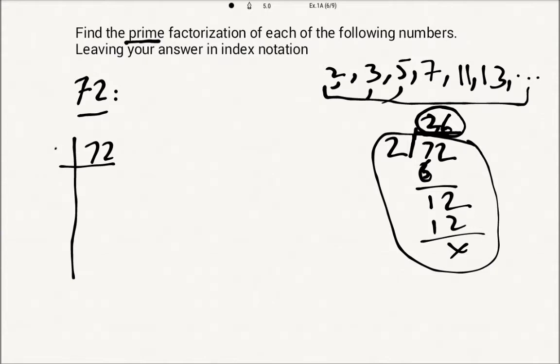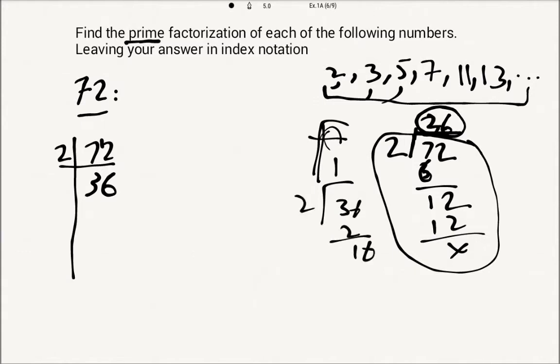Like 2 3s are 6, right? 6 and 1 is remaining, and this will come 12. So 2 6s are 12. Now 36. 2 1s are 2, 2 8s are 16.